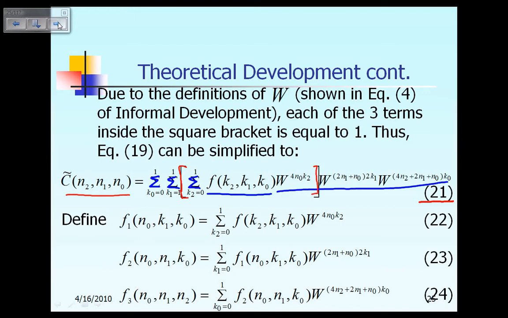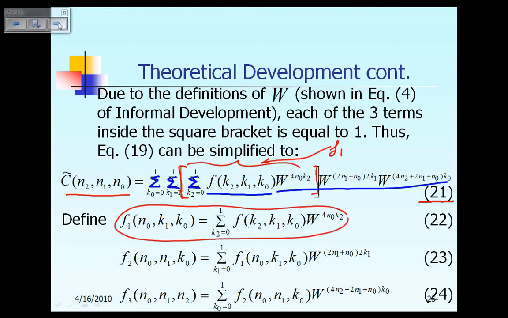We call the whole thing here the intermediate vector f1. As a matter of fact, you can see that definition is right here. So the definition of f1 is given in equation 22.